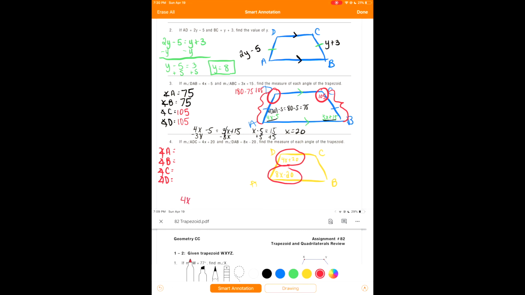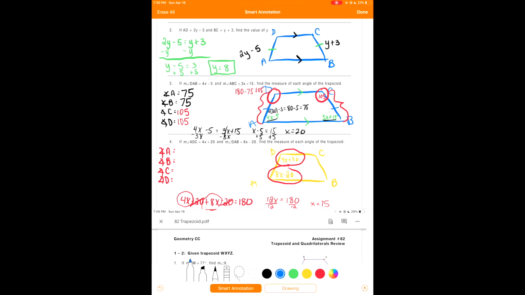So I have 4x plus 20 plus 8x minus 20 equals 180, and I'm going to solve for x. So that's my like terms. Gives me 12x, and then plus 20 minus 20 cancels out. And then I'm going to divide by 12, which you can do in your calculator. 180 divided by 12 gives me 15, is my x.